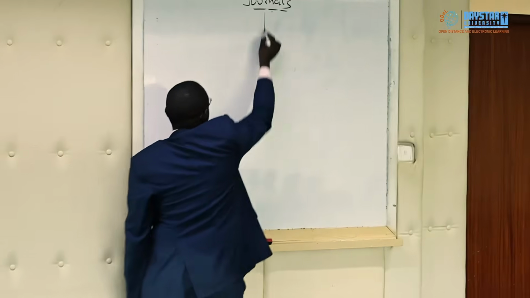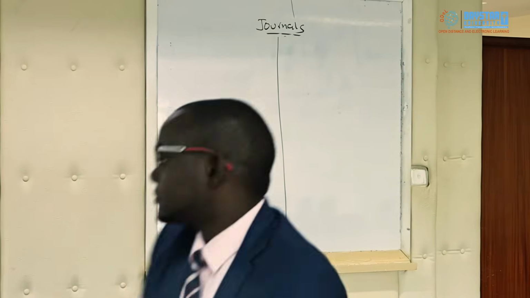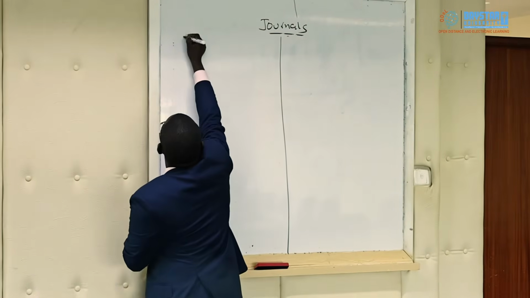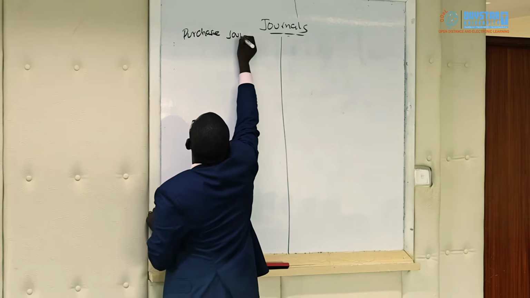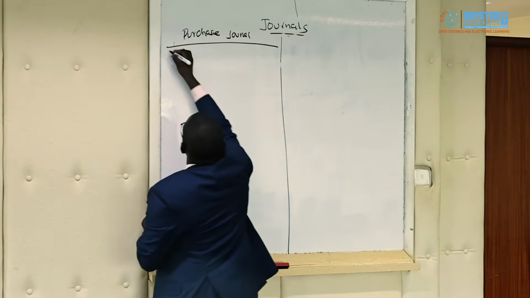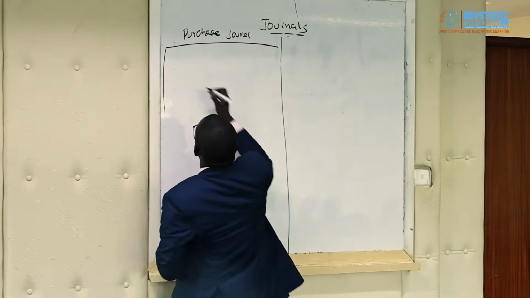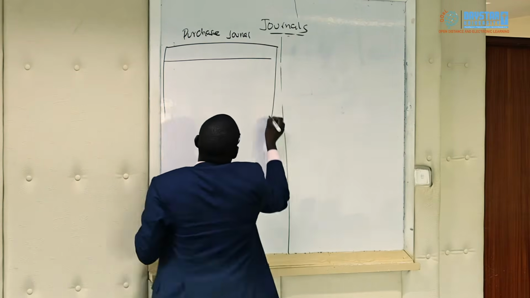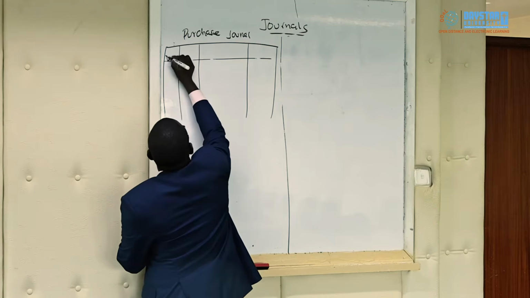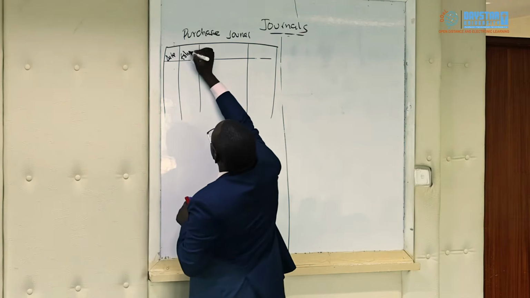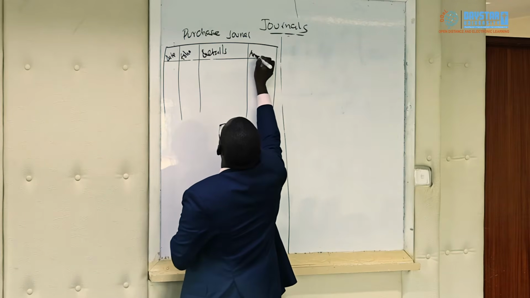So I will do my purchase journal here. We have date, folio, details or description, then I will have amount.